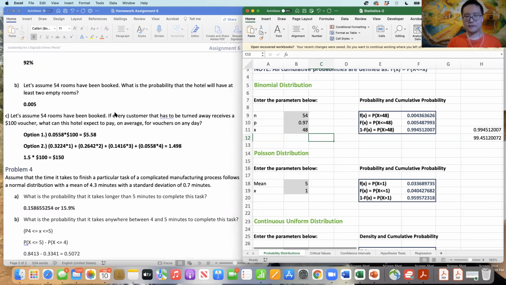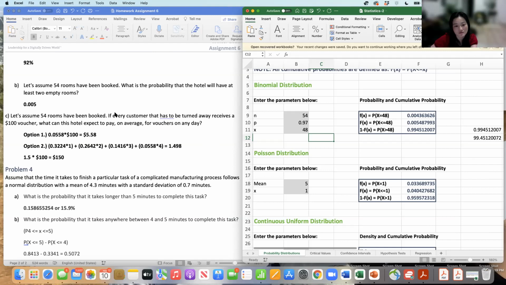So that's why we need to calculate the probability of X being equal or less than 48. It's still the same concept for X, meaning the people actually coming into the hotel. So it's X less than or equal to 48, the middle one.